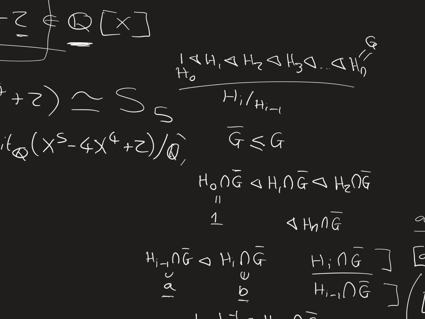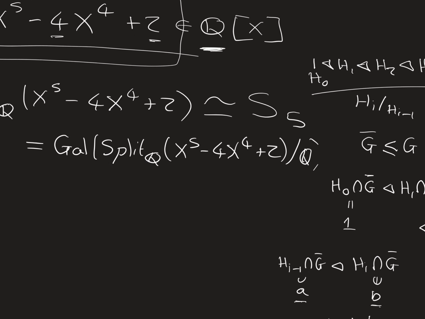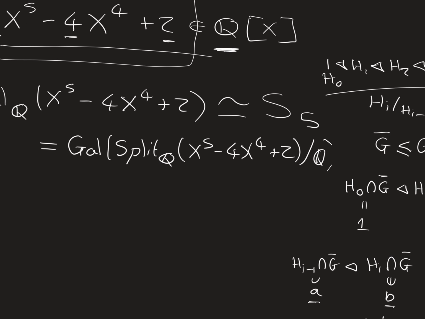So what we've just proven is that if a group is solvable, then all subgroups of it are also solvable. So this proves then that S5 can't be solvable, because one of the subgroups of S5 is A5, and it's a famous fact from group theory which I'm definitely not going to attempt to prove here.